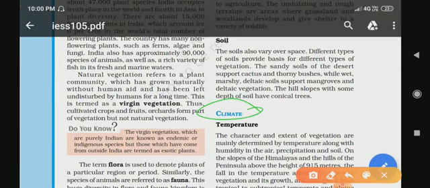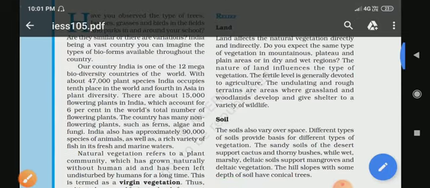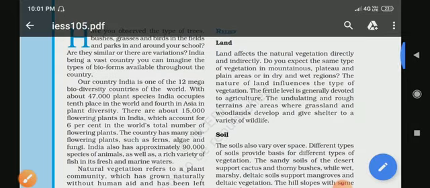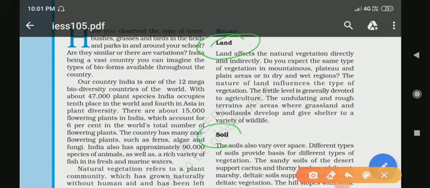These are the two very important factors. Under the relief factor we have land and soil. Land has a direct and indirect effect on natural vegetation.